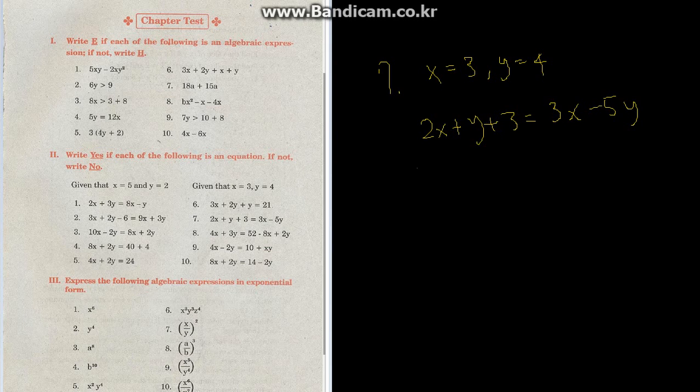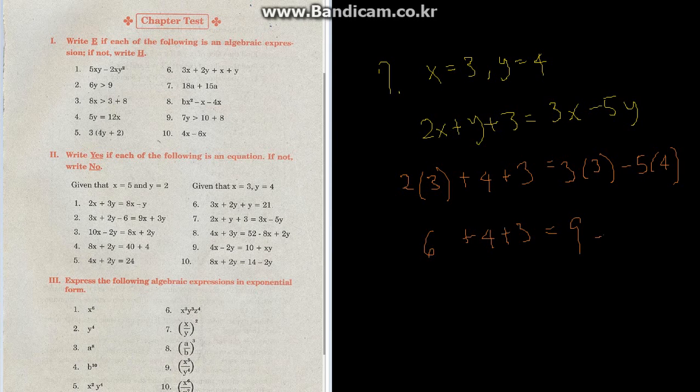So 2 times 3 plus 4 plus 3 is equal to 3 times 3 minus 5 times 4, and 2 times 3 is 6 plus 4 plus 3 is equal to 3 times 3 is 9 minus 5 times 4 is 20. 6 plus 4 is 10 plus 3 is 13, easy, and that's on the left side, and 9 minus 20 is minus 11.